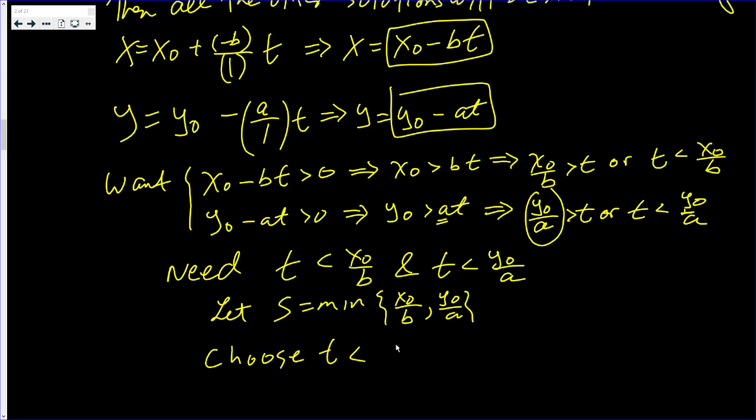If they're both negative, if t is less than -2 and t is less than -5, you want to choose a t that's less than -5.